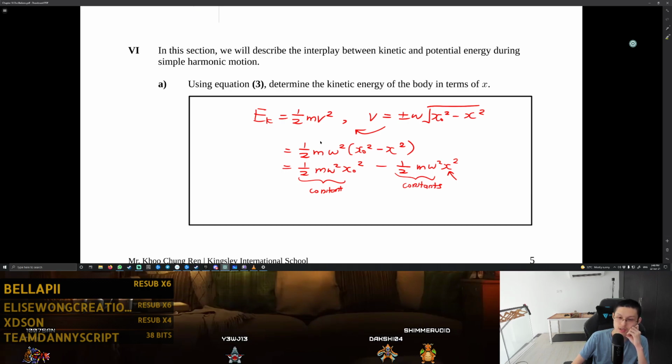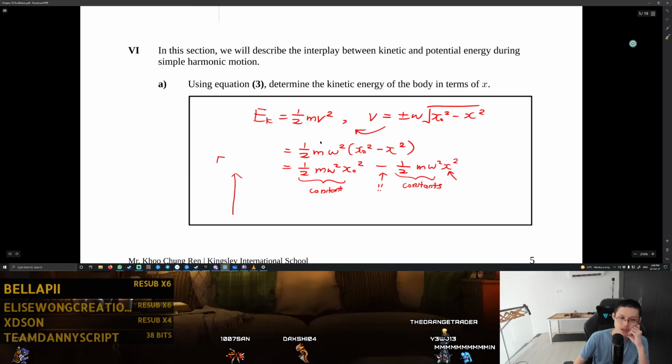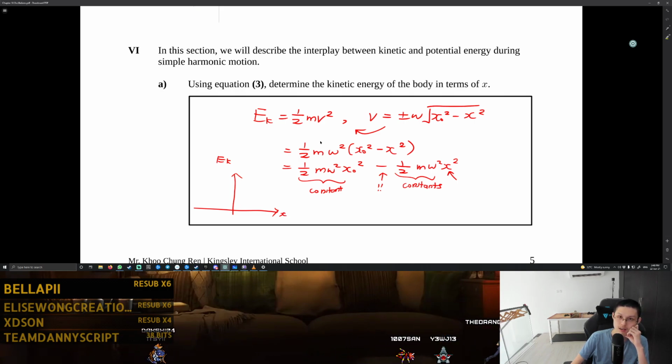So the only variable is this little x here at the end, which means you're essentially plotting a quadratic. In fact, this is a negative quadratic because the coefficient of x squared is negative. So if you draw a graph of the kinetic energy against the displacement, you should plot a negative quadratic with an intercept at half m omega squared x naught squared.